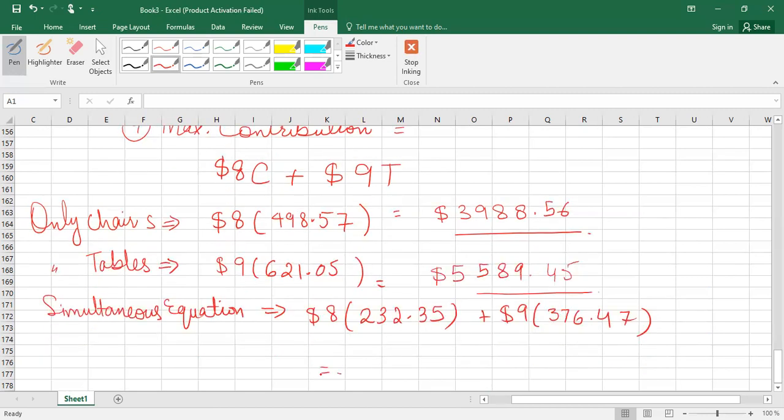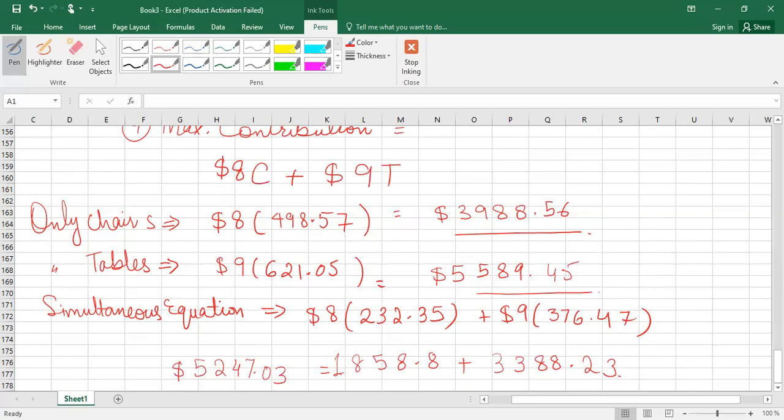And if we follow the simultaneous equation, 8 into 232.35 is 1858.8 plus 9 into 376.47, which is 3388.23. So the total is 5247.03.